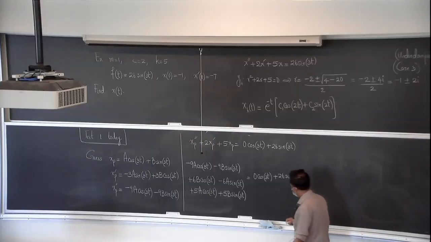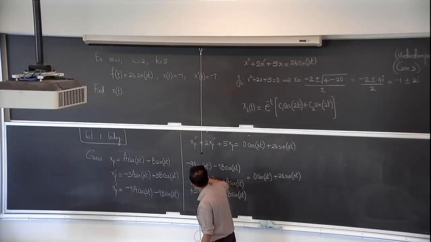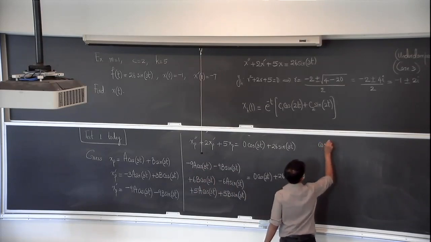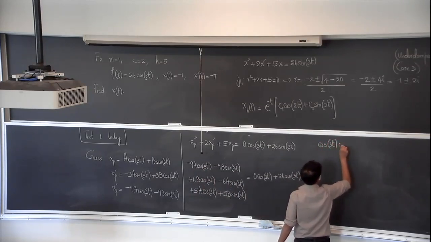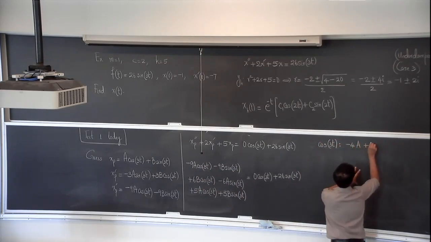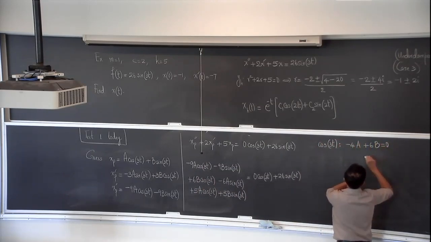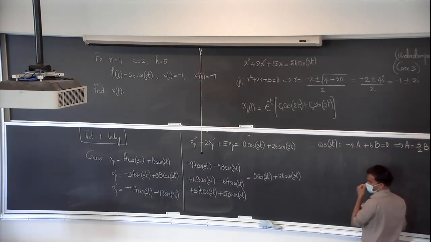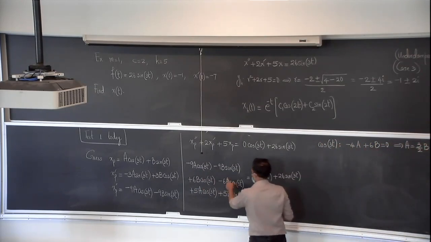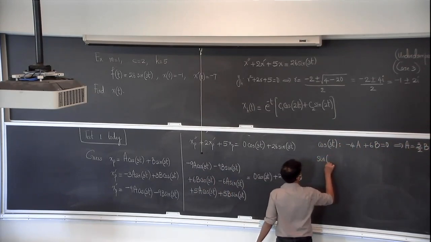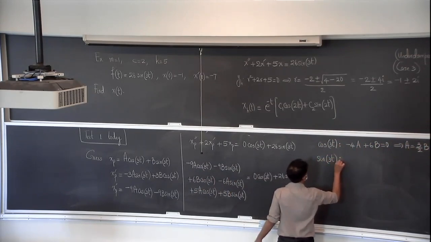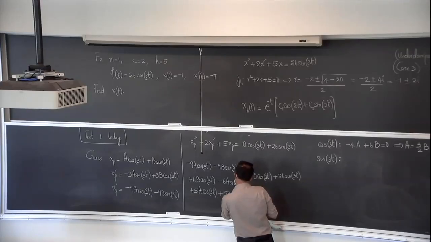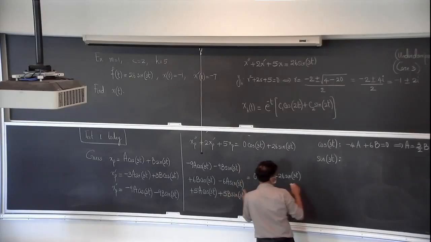All right, so if you combine the coefficients of cosine, you get negative 4A plus 6B equal to 0, so you get A equal to 3/2 B. And the sine 3t terms give you negative 4B minus 6A.